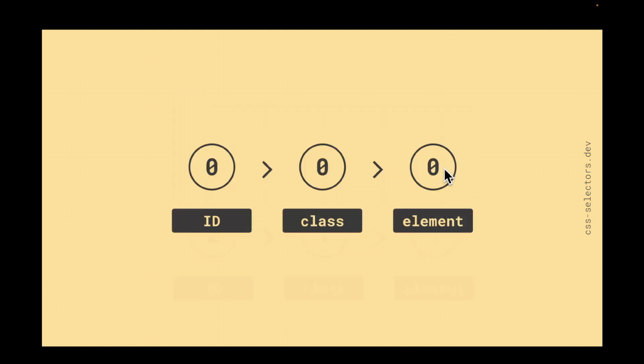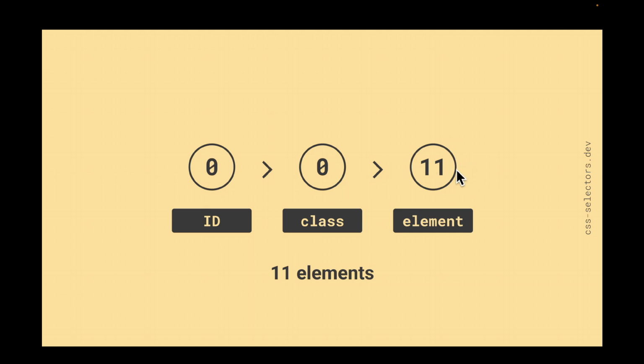Now, one thing to note is that the specificity score does not work exactly like a numeric value. What I mean by that is, let's say we have 11 type elements in a selector. You might be thinking that the score will be something like 0, 11, or just 11, but actually it is not. The specificity score will be 0, 0, 11.